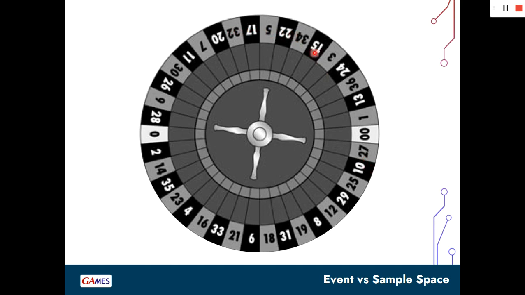But the interpretation is this. We have a set of all the numbers that are black. Let's have that set. I hope you're following me. Then let's have the set of all the numbers that are even.